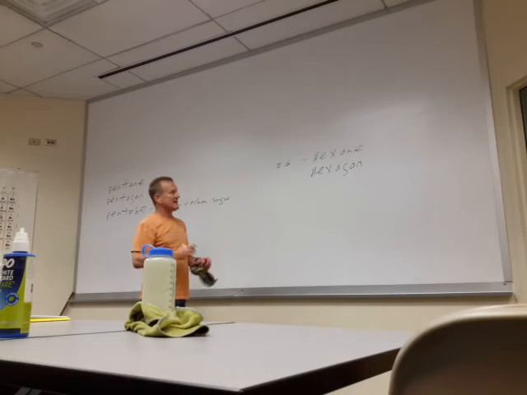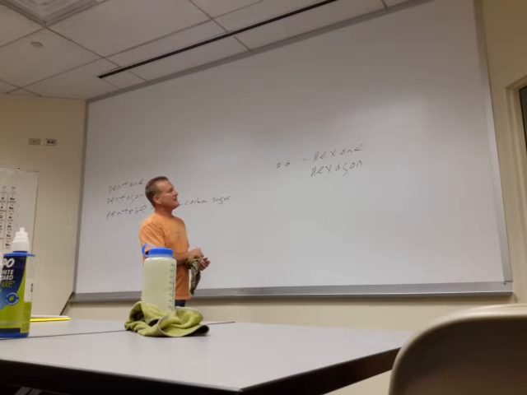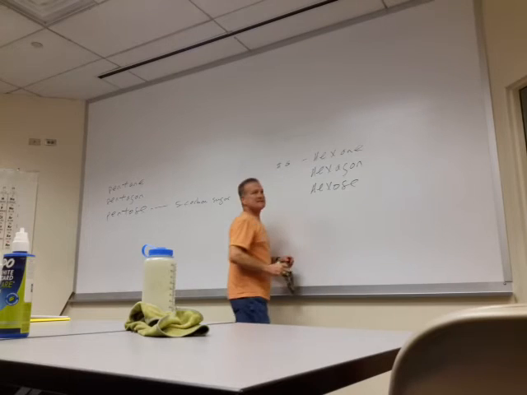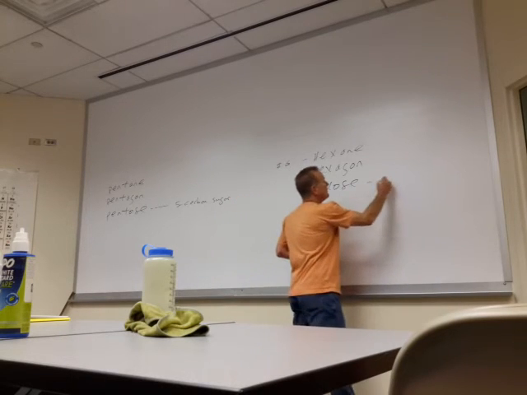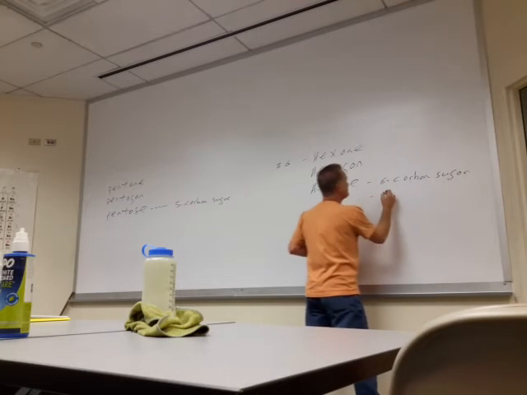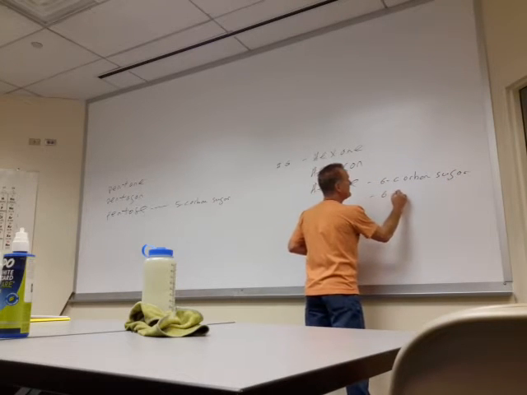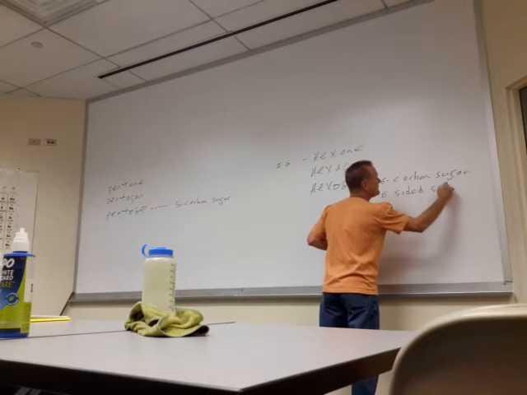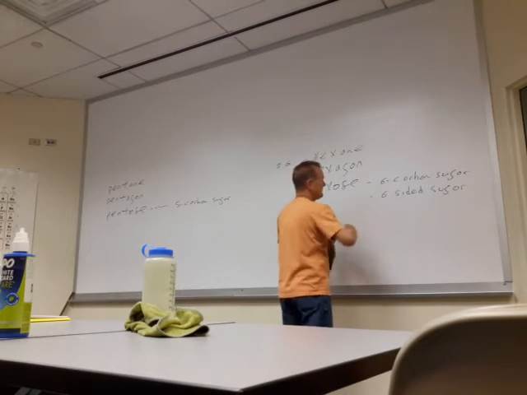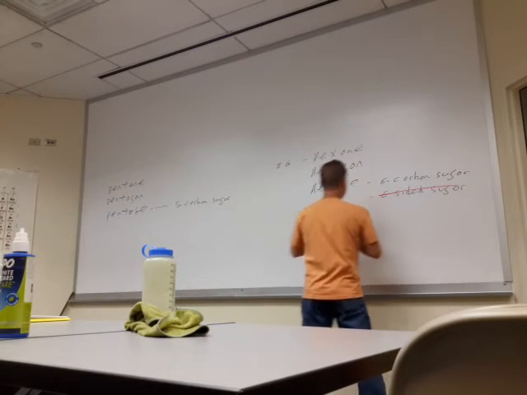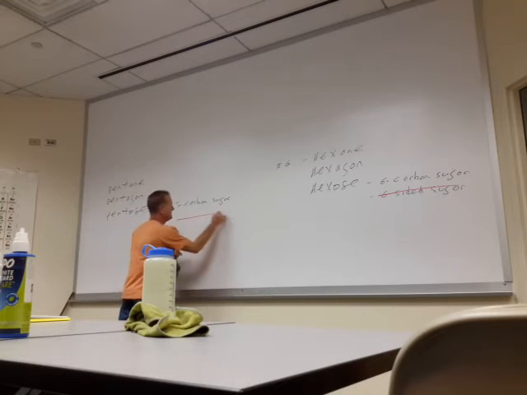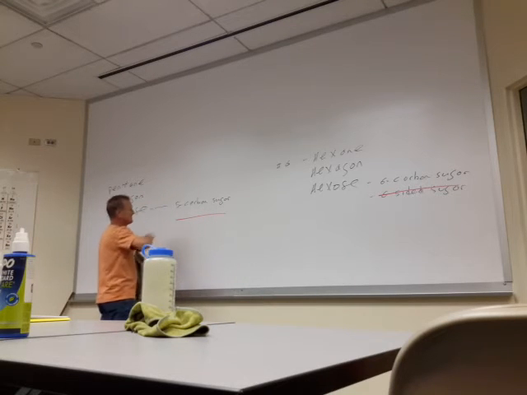Yeah, shape. 6-sided shape, 6-sided figure. What does hexose mean? 6-carbon sugar. It does not mean 6-sided sugar, just like this does not mean 5-sided sugar.